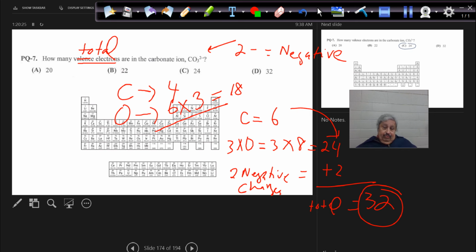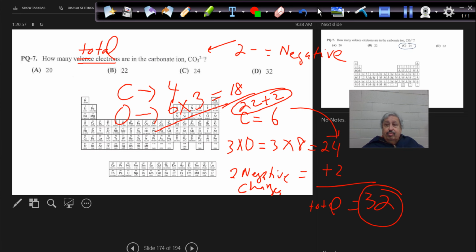That's 22. I know what they did. They added the 2 negative charges to the valence electrons, and that's not correct. So the answer 24 is not correct.